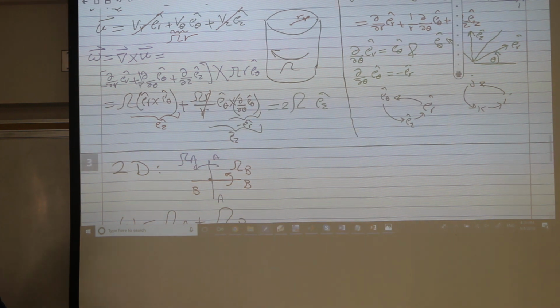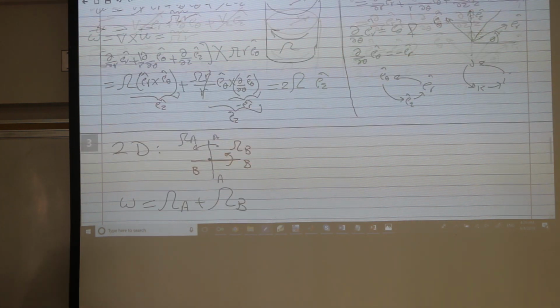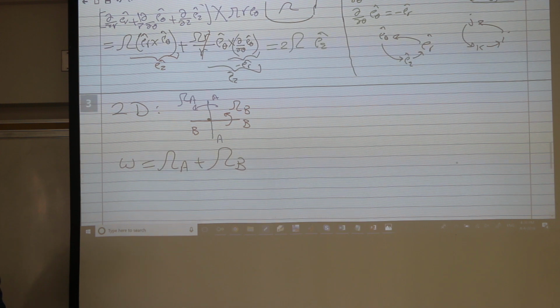Okay, so for this thing, you have here, this is a particle, this is a point in the fluid. We attach to it two elements, two lines, A and B. After a while, here is the point, here is this axis along the flow, okay?